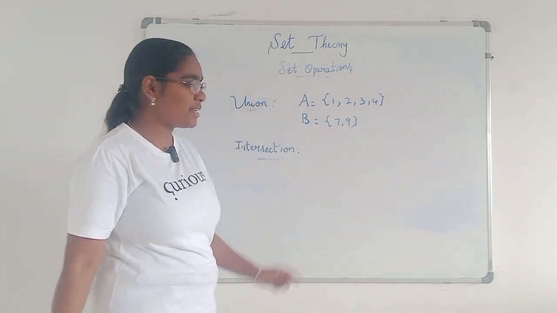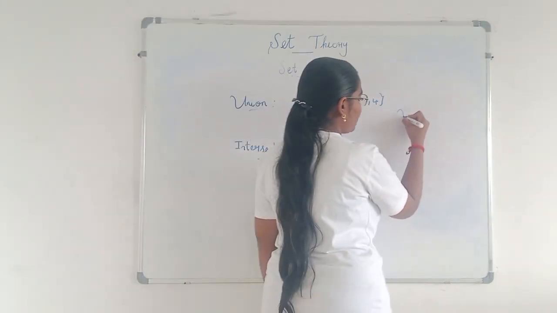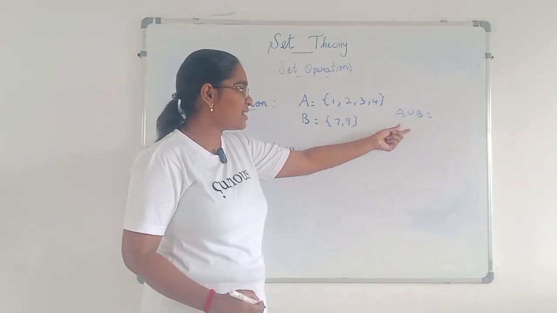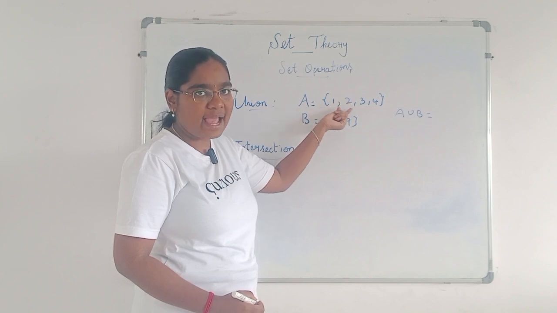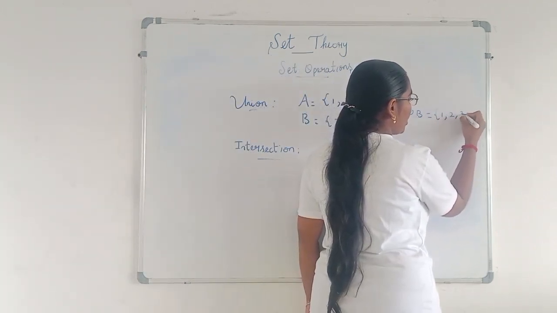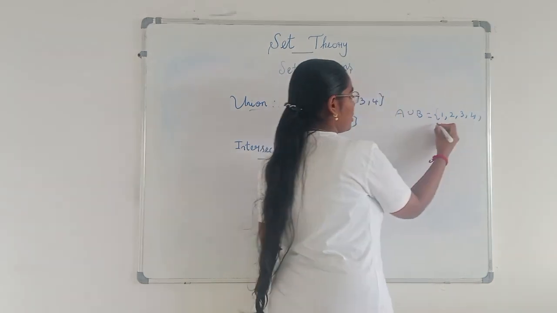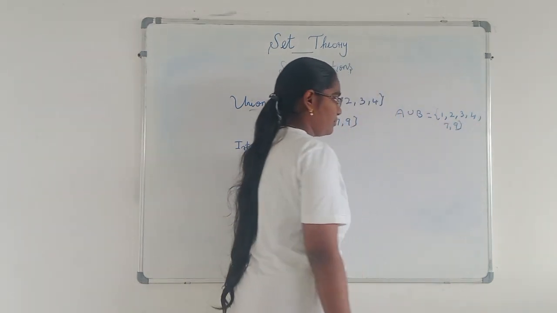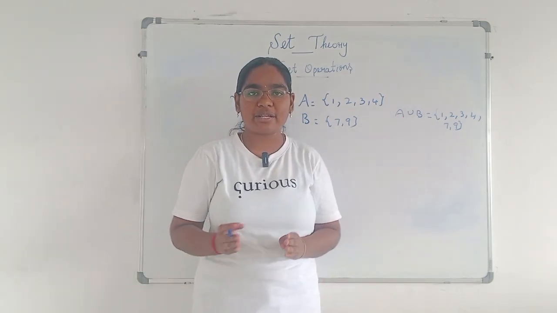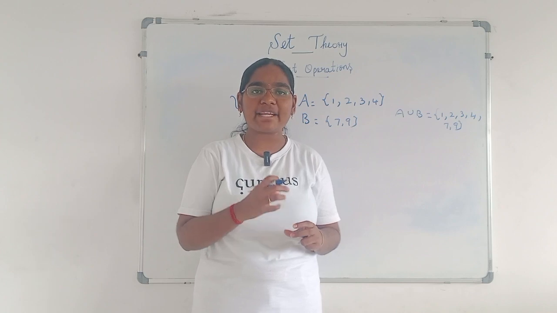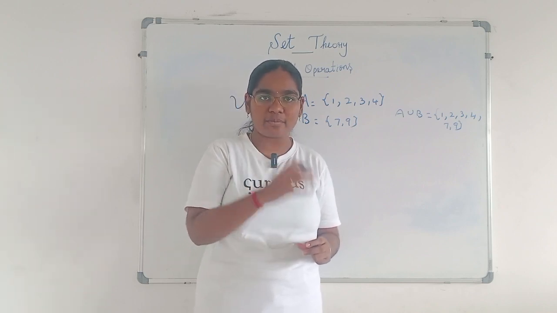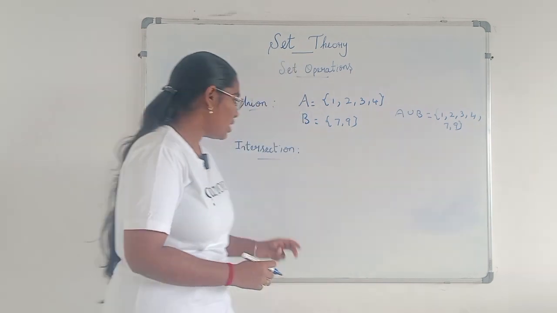Now we are finding A union B. In A union B, you will write all the elements in A and in B: 1, 2, 3, 4, 7, 9. This is what A union B is. So, A union B means you will combine all the elements that are in both A and B.